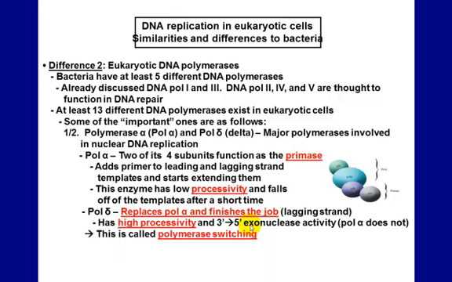Okay, it's not perfect. But when it makes the mistake, it will realize that there is a wrong base in there. So in order to correct the mistake, it will have to go backwards. Backwards means 3' to 5', not 5' to 3', right? So it goes backward, cuts out the wrong piece of DNA, and then keeps on going forward. It just resynthesizes the whole thing, hopefully without the mistake this time.